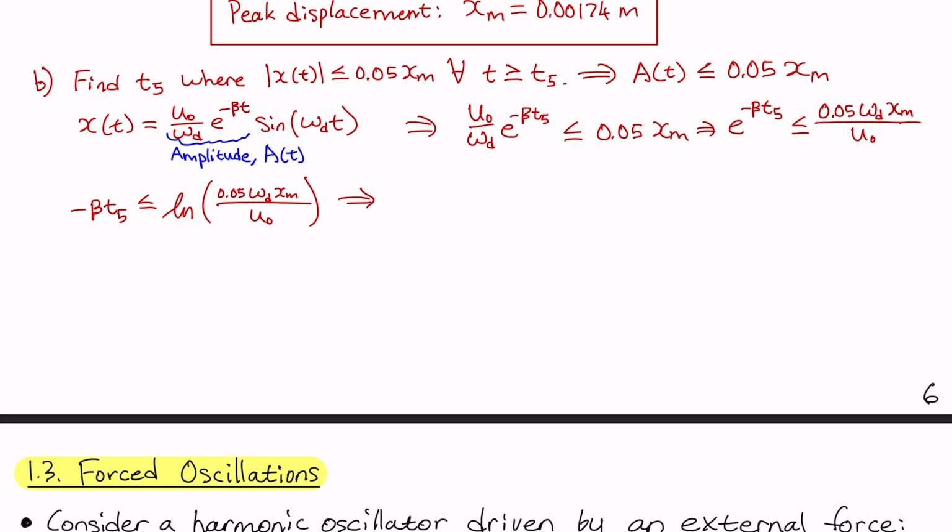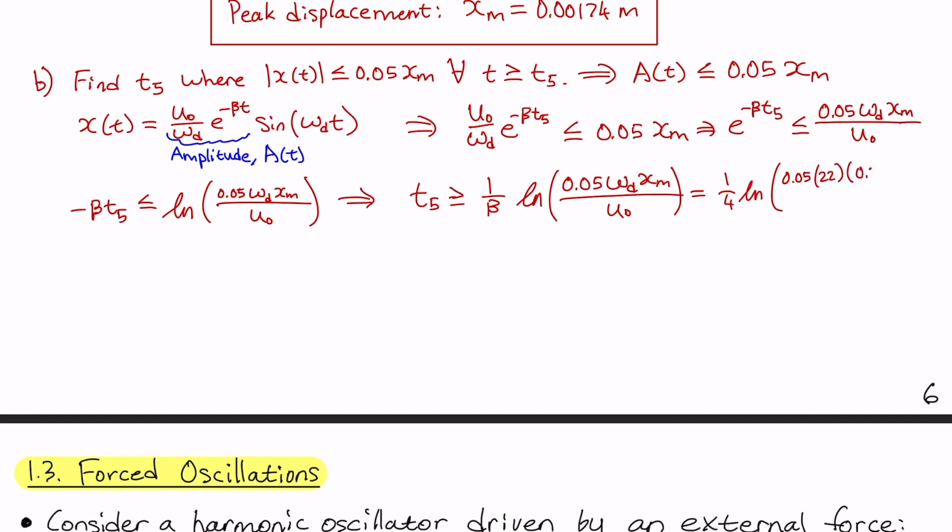And now we can solve for t5 by dividing by minus beta. In this case, t5 must be greater than or equal to 1 over beta times the natural log of 0.05 times omega d times xm divided by u0, which is now equal to 1 over 4 times the natural log of 0.05 times 22 times 0.00174, all of that divided by 0.05.